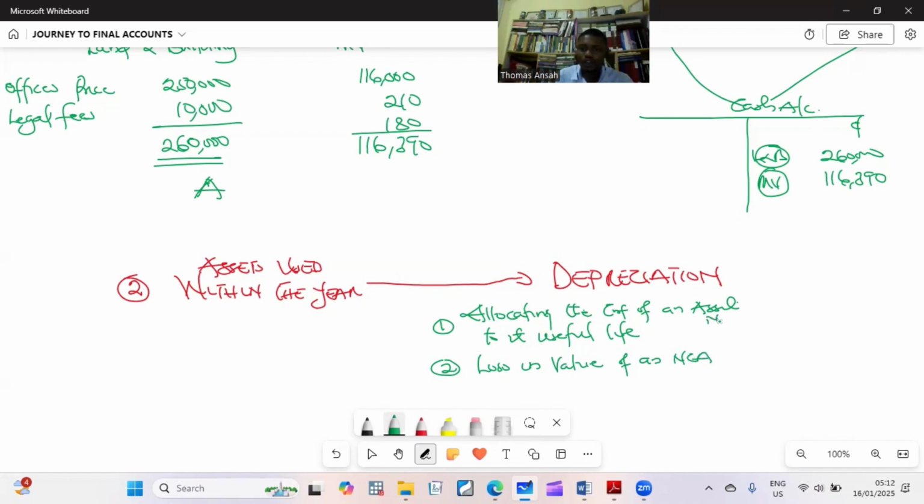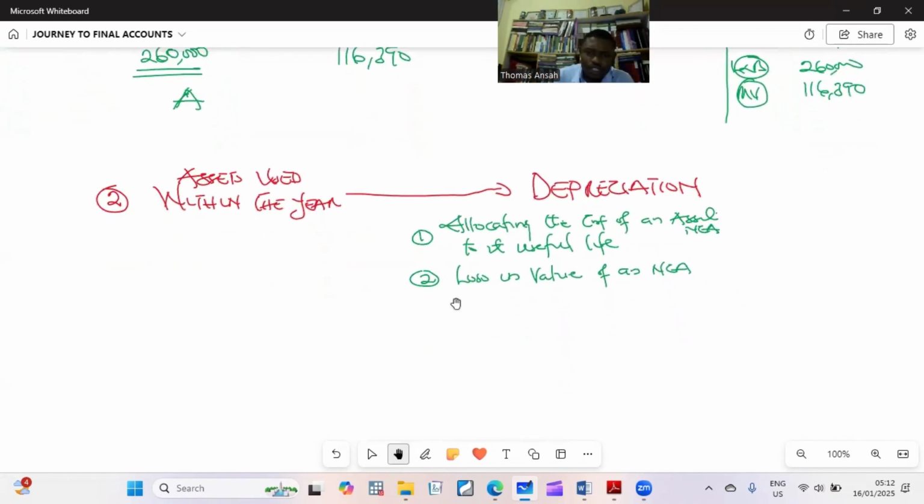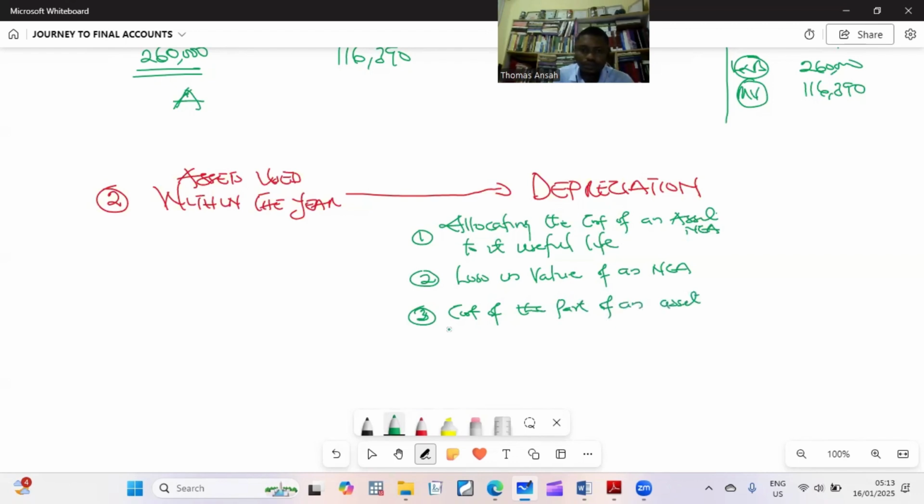Whenever I say asset, because we are dealing with non-current assets, that is it. You can also say that depreciation is the part of the asset that has been consumed. So the benefit that you have already enjoyed is the depreciation.